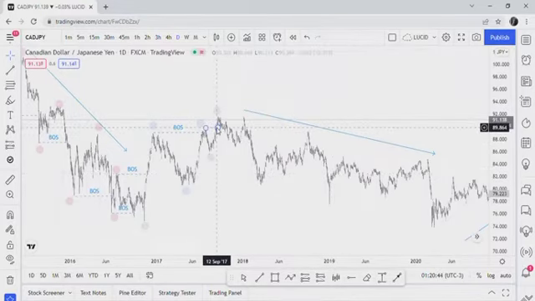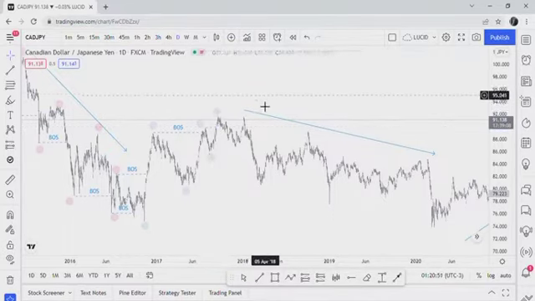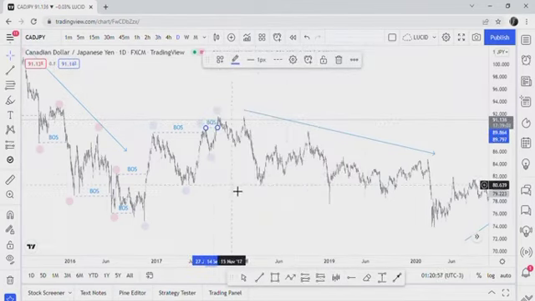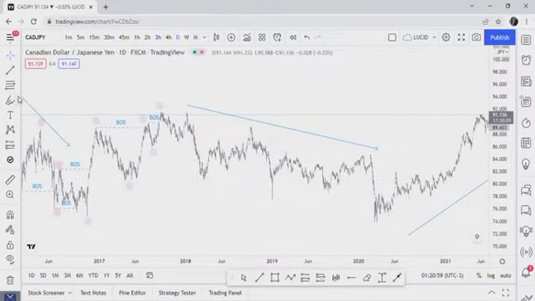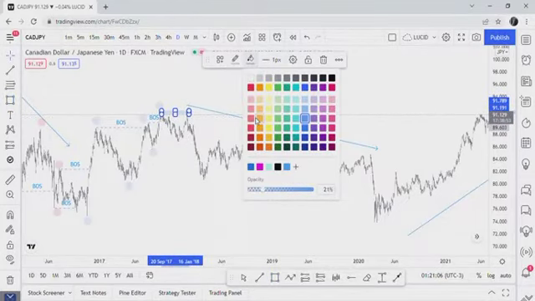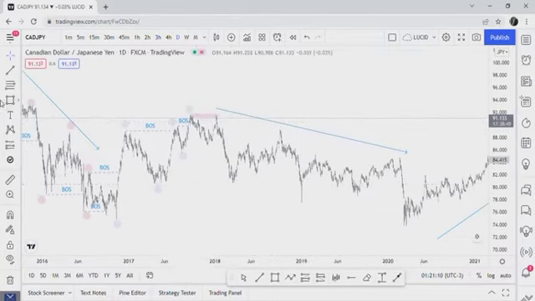A little break of structure here. Then price came here, printed these two equal highs and pushed to the downside.